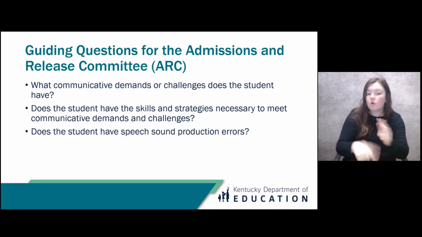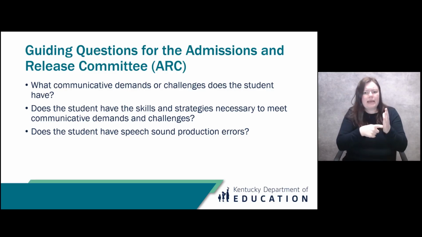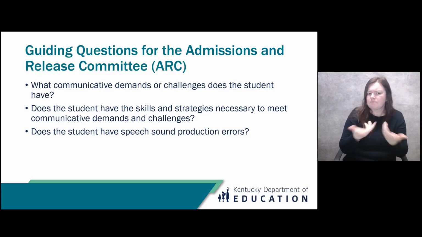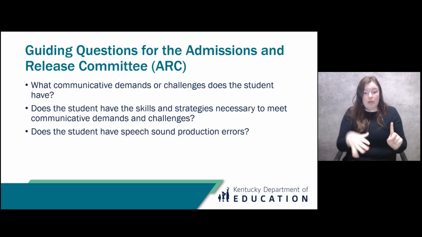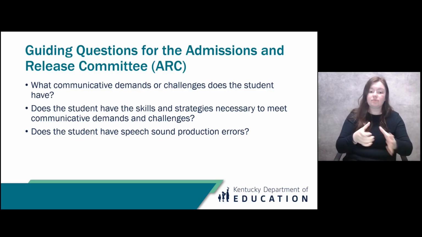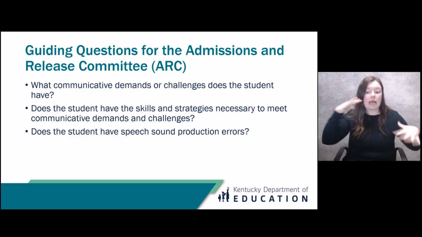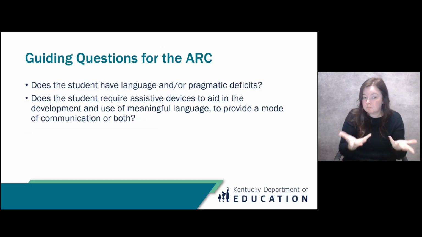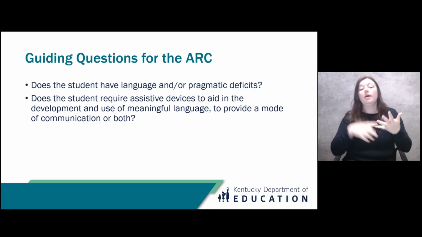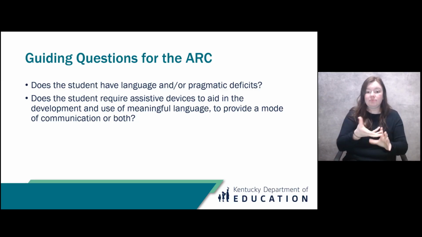For instance, what communicative demands and challenges does the student have? Does the student have the skills and strategies necessary to meet communicative demands and challenges? Does the student have speech sound production errors? Does the student have language deficits? Does the student have pragmatic deficits?